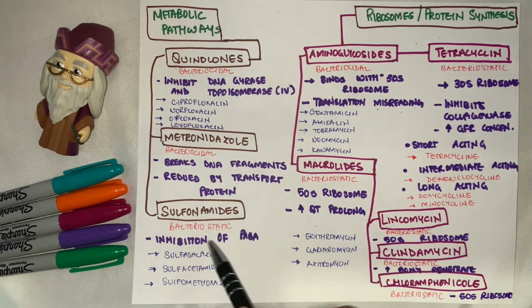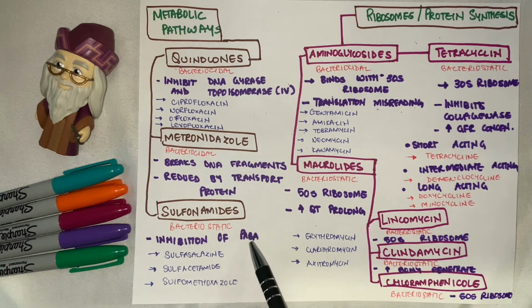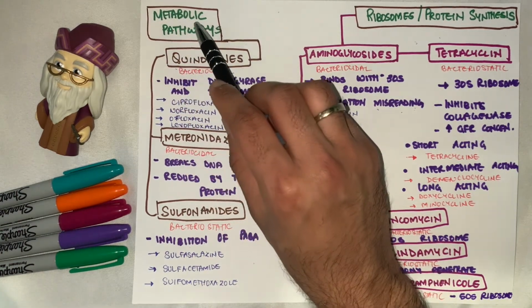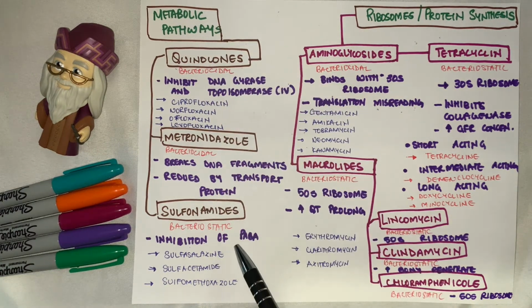Sulfonamides, the bacteriostatic. It inhibits PABA. What is PABA? It is known as para-aminobenzoic acid. In other words, PABA is food for bacteria. It's required for metabolism of bacterial products. See, bacteria need food, right? So they use PABA.